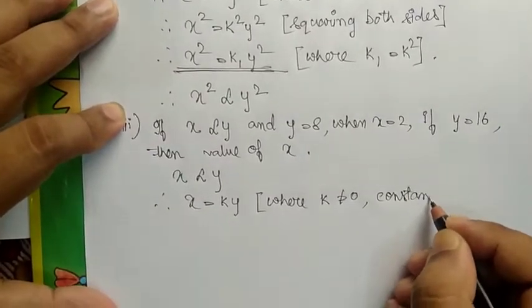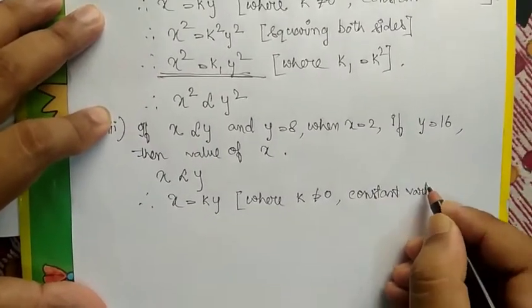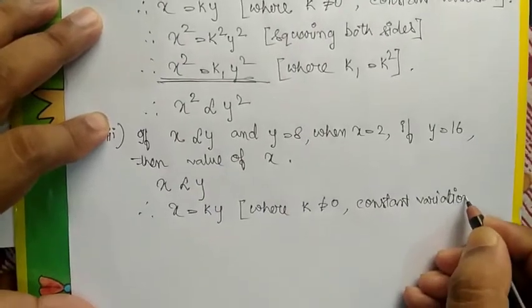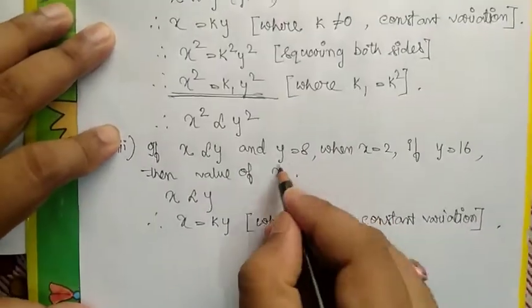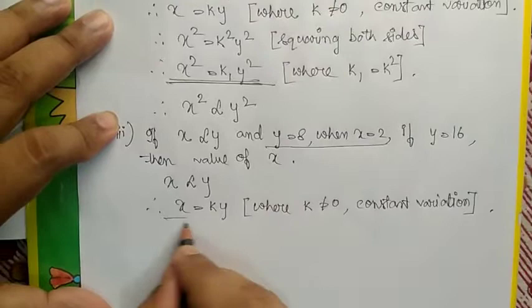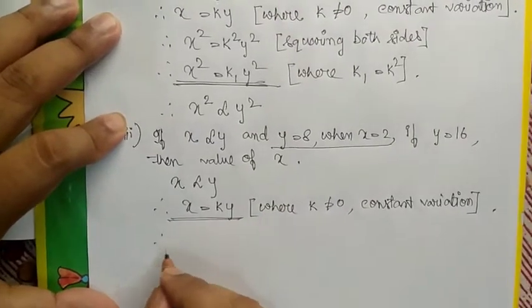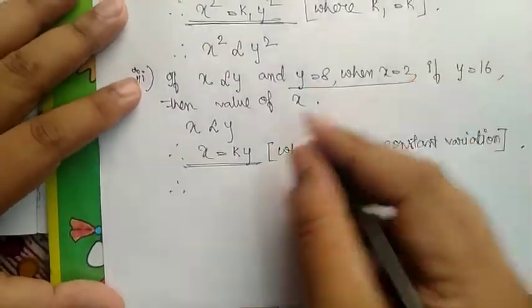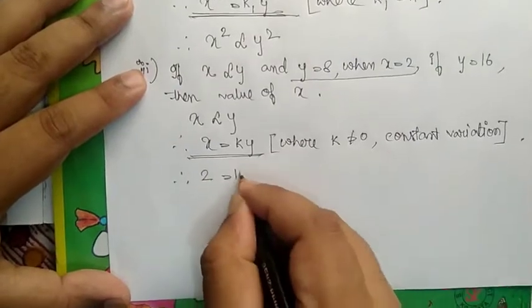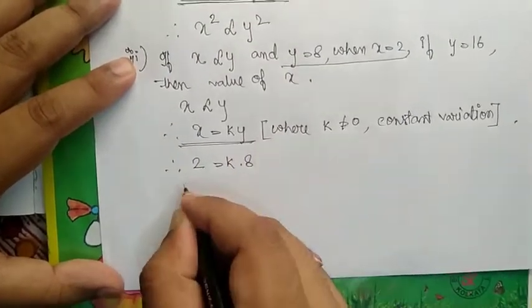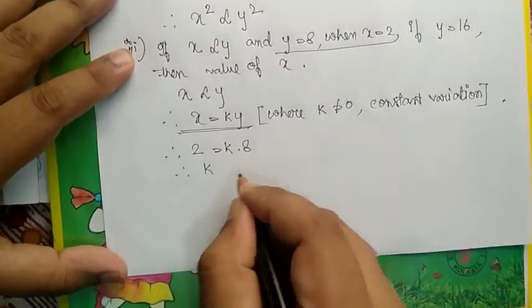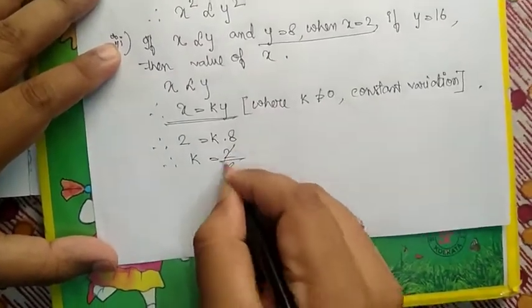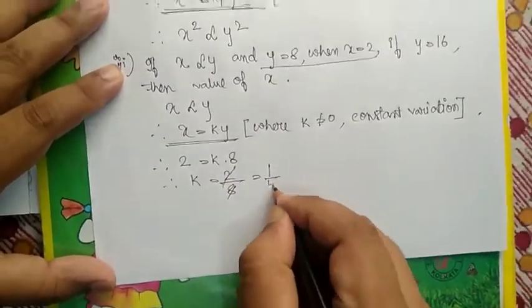So therefore first of all we have to find the value of k. We put those values y equal to 8 and x equal to 2 in this equation. So therefore k equal to 2 by 8 equal to 1 by 4.